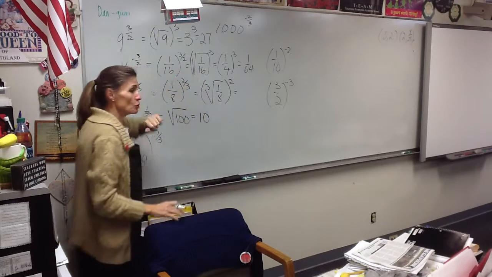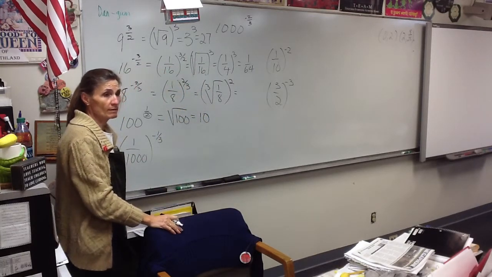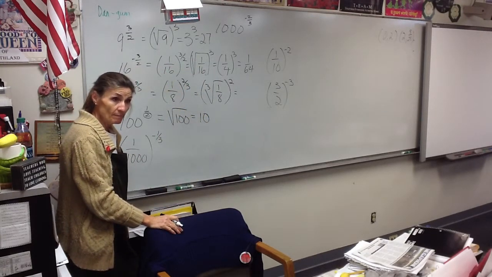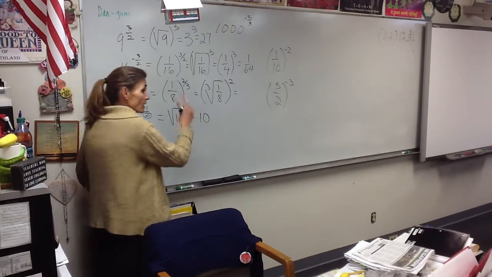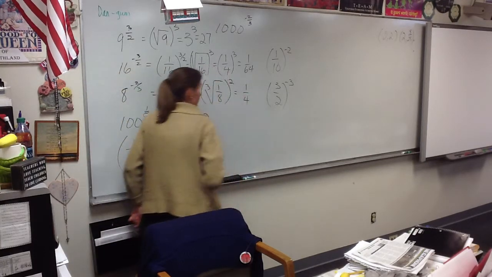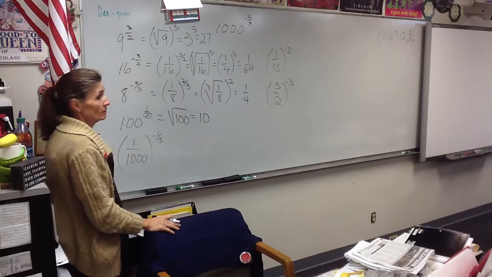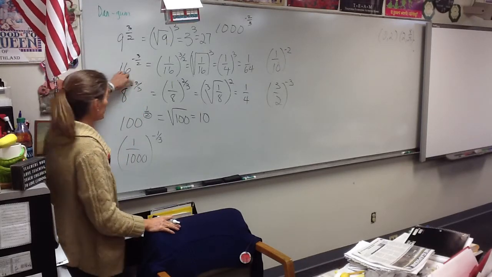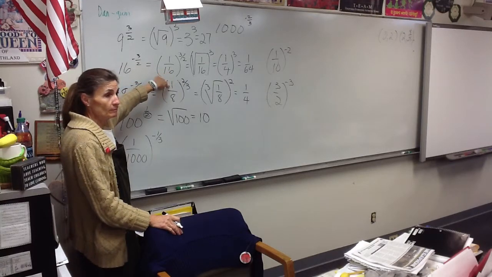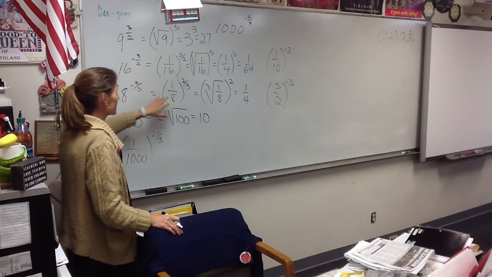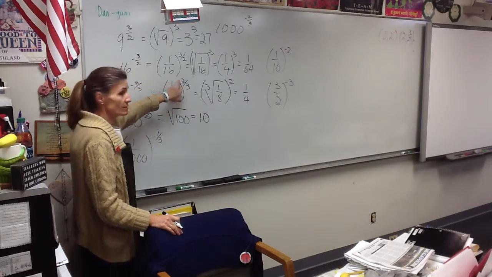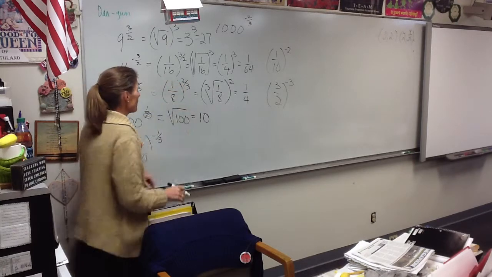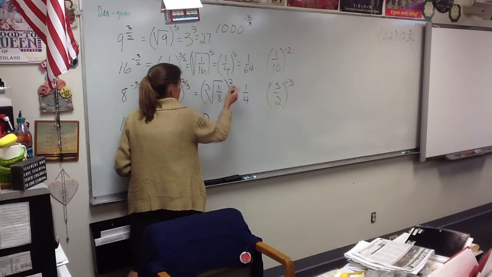So what's the cube root of 1/8? 1/2. And 1/2 squared is 1/4. So once again, you had a negative exponent. Make it positive. So 8 becomes 1/8 to the positive 2/3. The 2/3 power means the cube root squared.